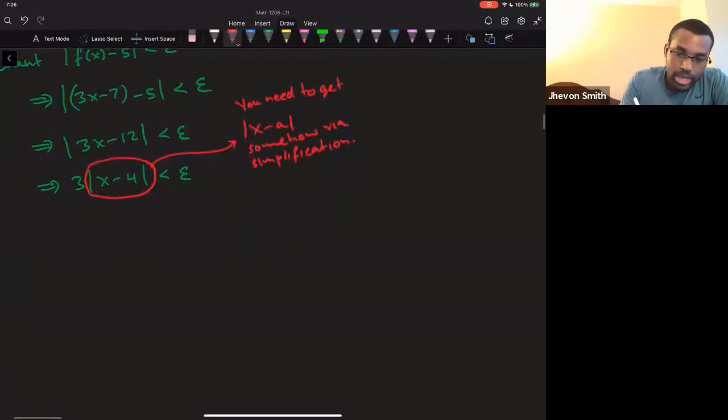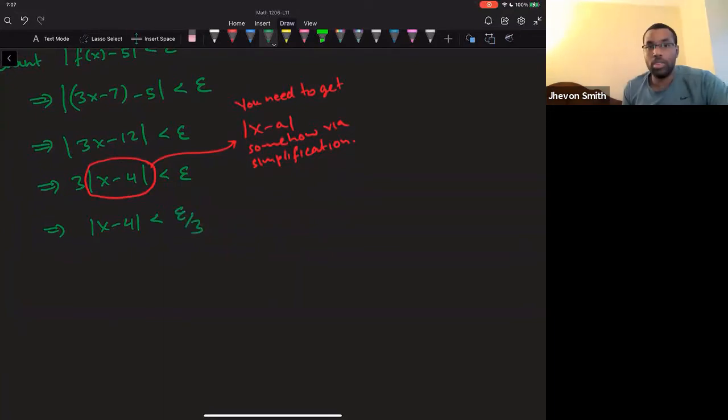So what you're going to realize here is that your x minus 4 in absolute value is going to be less than, well, you divide both sides by 3, so you would get epsilon over 3. That guy is your delta. And that's what you're going to fill in.